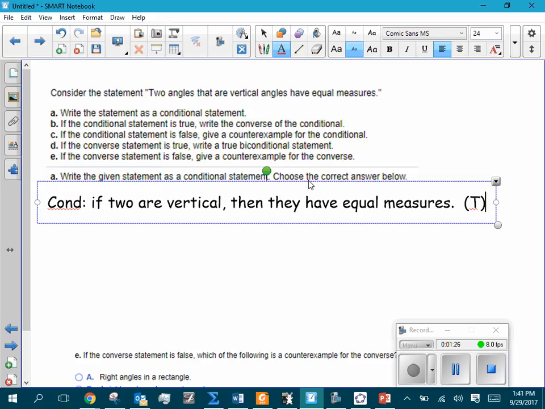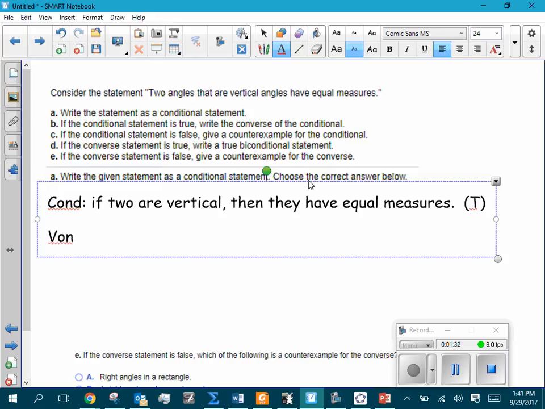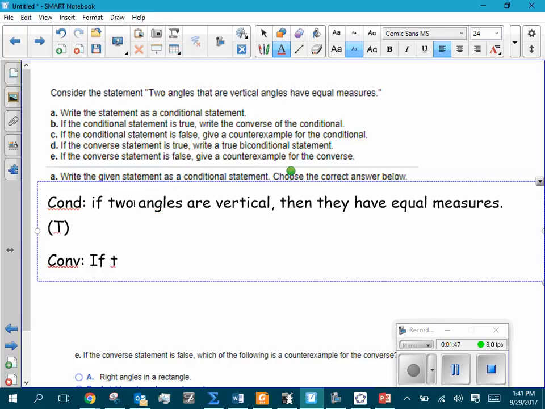Part B says if the conditional statement is true, write the converse of the conditional. So that is true, so let's write the converse. If you remember, the converse is taking the if part and the then part and just flip-flopping them. So I'm still going to say 2 angles here.